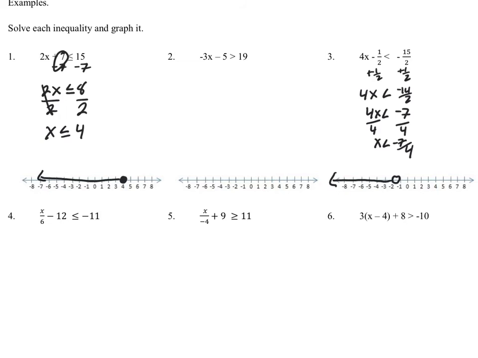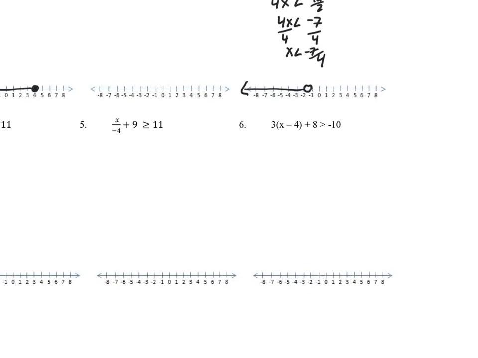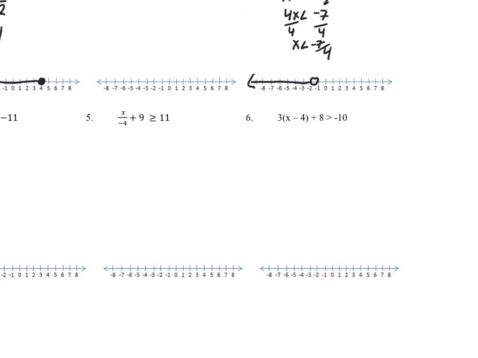Okay, so just make sure you're carefully following solving equation order. So we're going to do number 5 here. Keep in mind that if something is in a fraction, don't mess with that fraction until everything else is gone. So I'm going to make sure that I'm subtracting 9 from both sides first. We get 0. We're left with x divided by negative 4 is greater than or equal to 11 minus 9, which is 2.